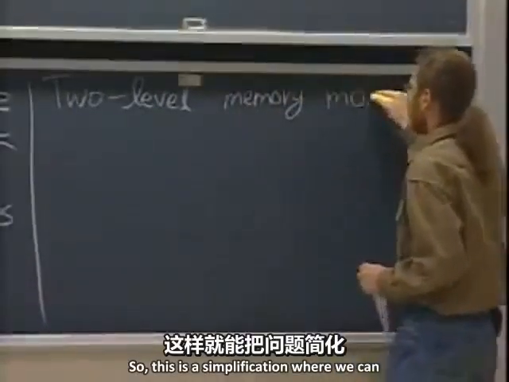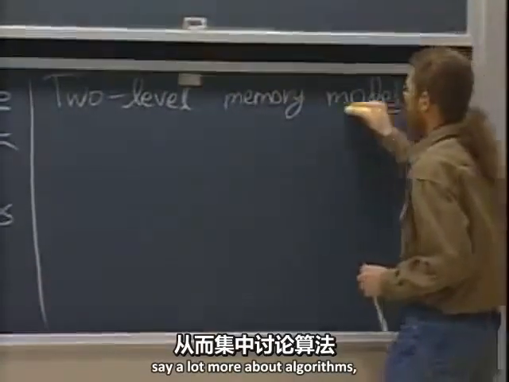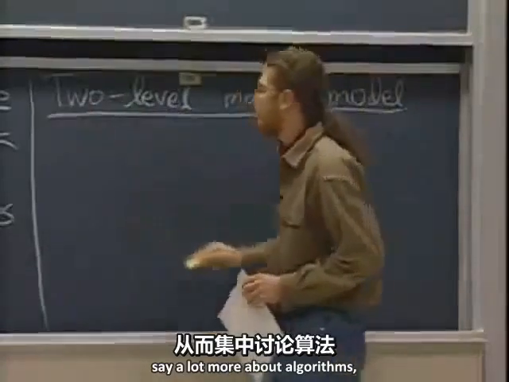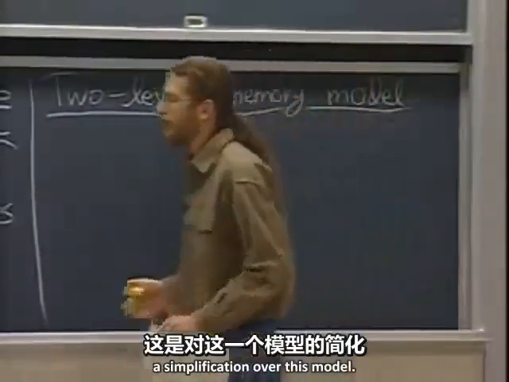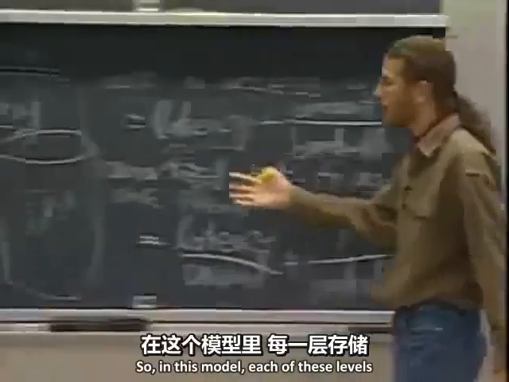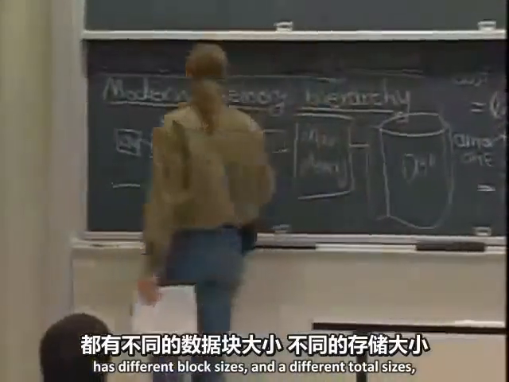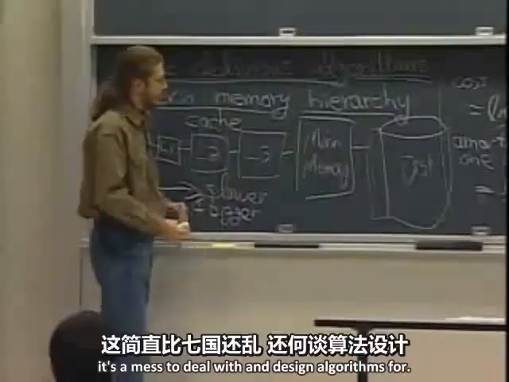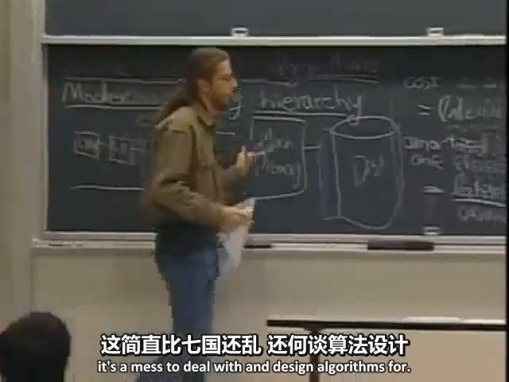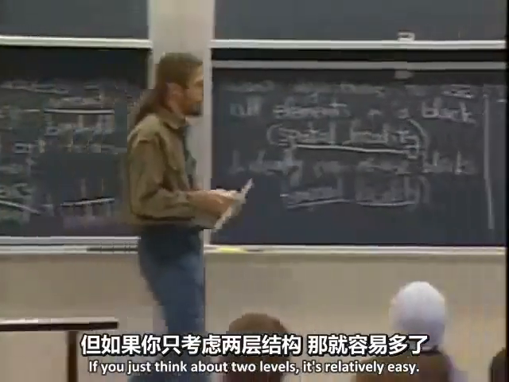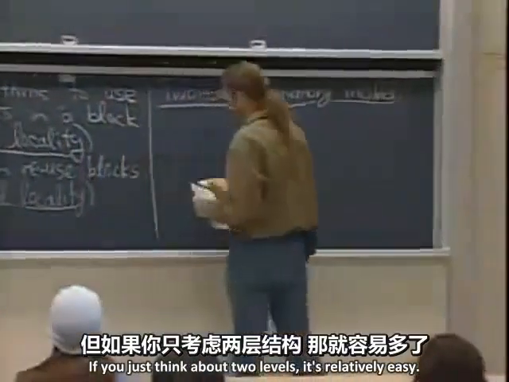So this is a simplification over this model, where each of these levels has different block sizes and different total sizes. It's a mess to deal with and to design algorithms for. If you just think about 2 levels, it's relatively easy.